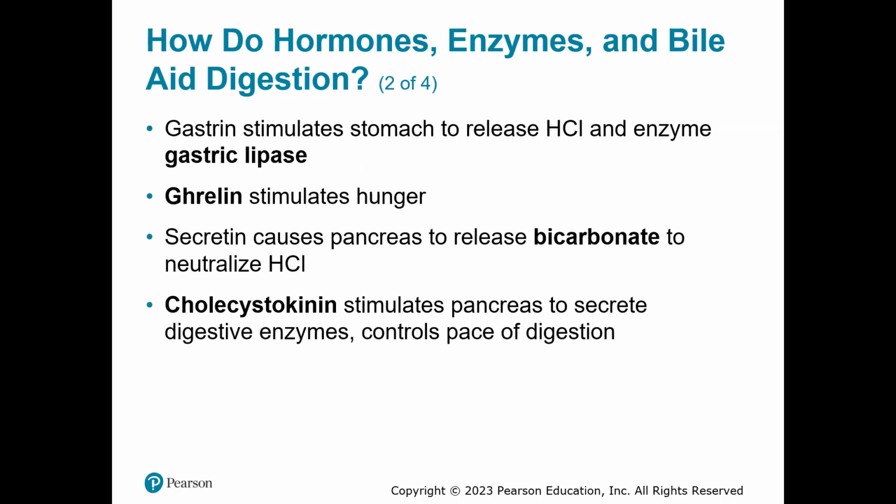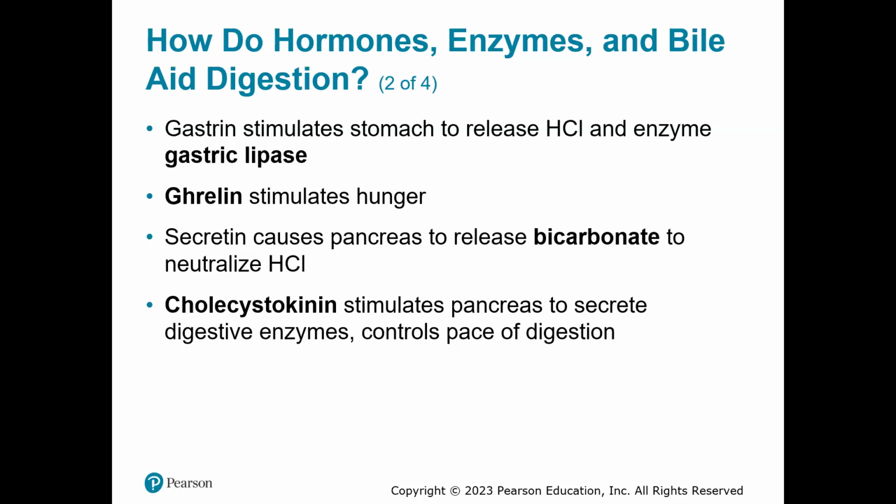All right, looking at some particular hormones here. Gastrin, like we said, stimulates the stomach to release hydrochloric acid. And gastric lipase, any word with ASE at the end is an enzyme. Lipase digests lipids, so gastric lipase helps us break down fat. Ghrelin stimulates hunger. It's also produced in the digestive tract.